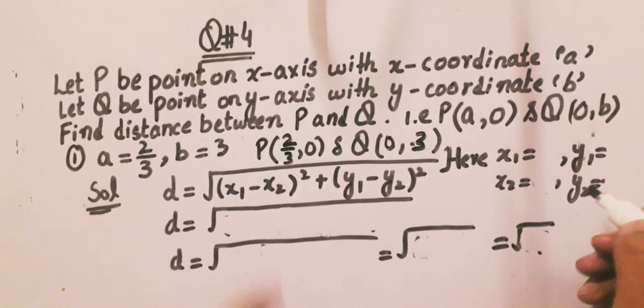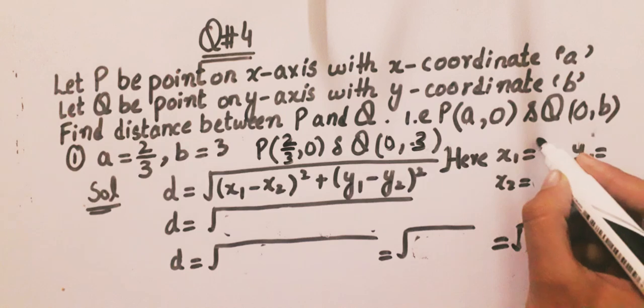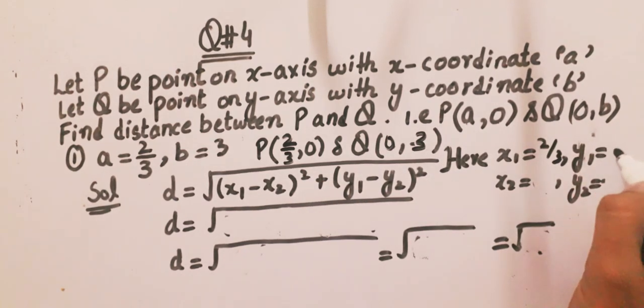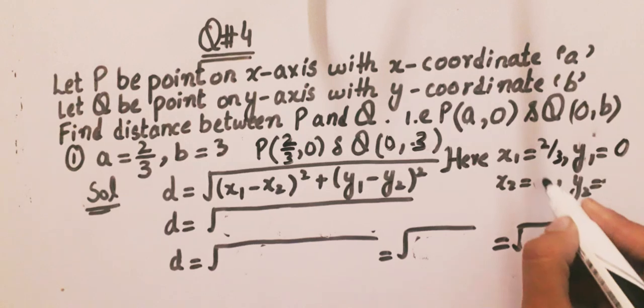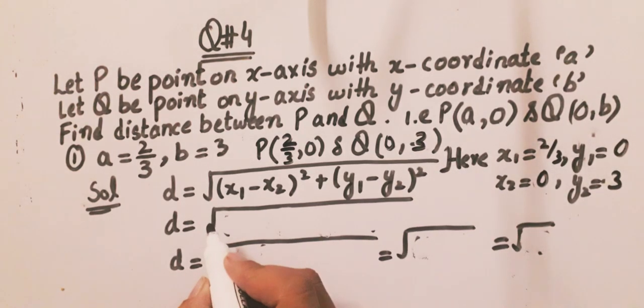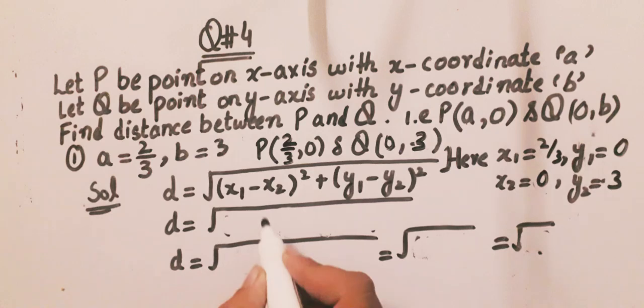Now here the value of x1 is 2 by 3 and value of y1 is 0, x2 is 0 and y2 is 3. Now we will substitute these values in this formula.